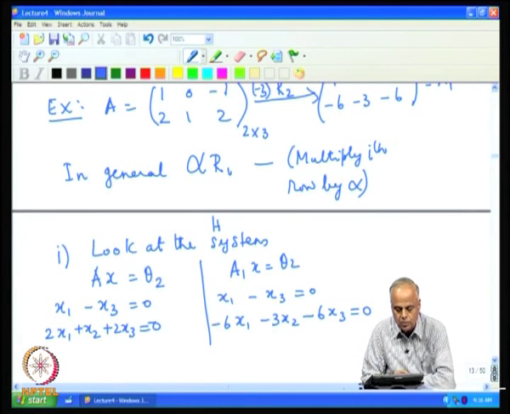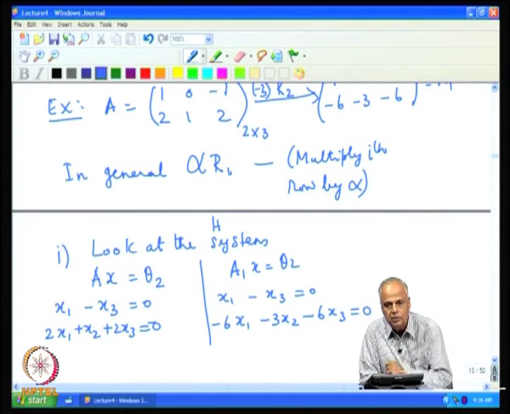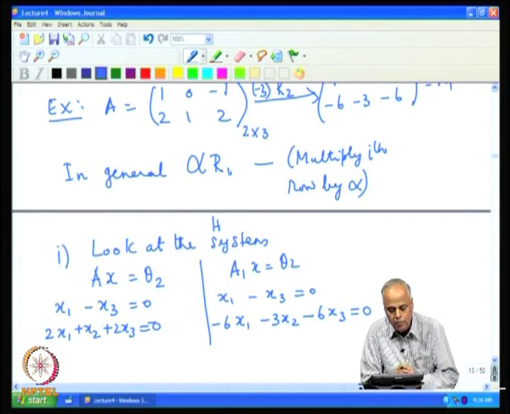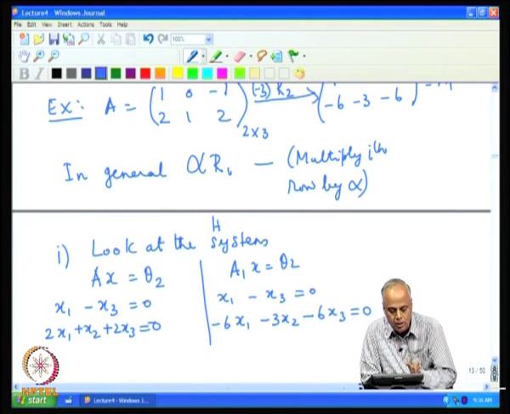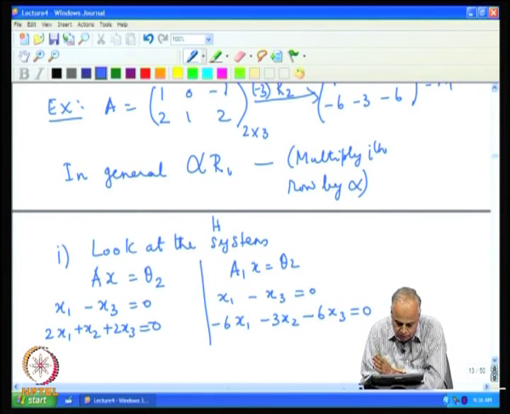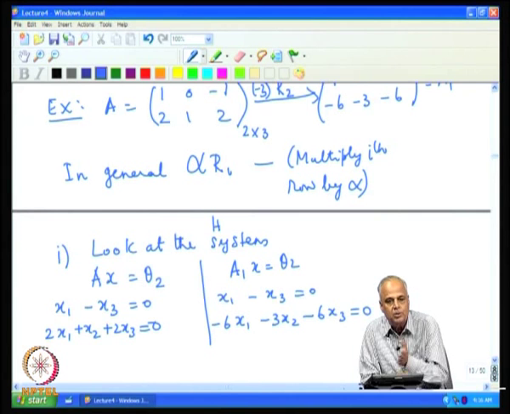Now, look at these two systems. The first equations are the same, and therefore, whichever satisfies the first equation on this side will also satisfy the first equation on that side, and if anyone x1, x2, x3 satisfies the second equation on this side, it will also satisfy the second equation on that side, because it is just both sides multiplied by minus 3.